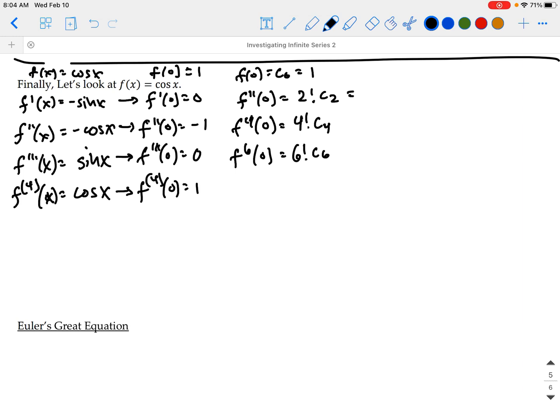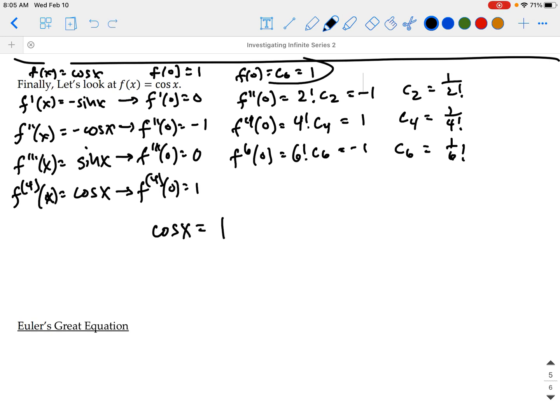But f double prime of 0 is equal to negative 1, 1, negative 1. So we're going to get that c2 is negative 1 over 2 factorial, c sub 4 is 1 over 4 factorial, c sub 6 is negative 1 over 6 factorial. So all those even terms are going to be divided by their corresponding power factorial.